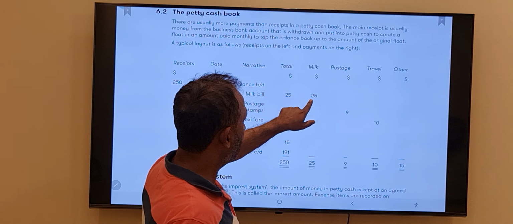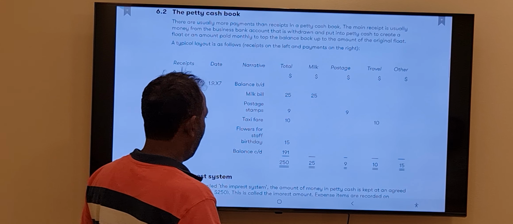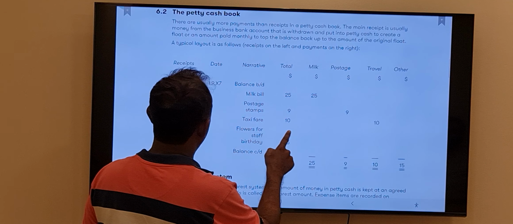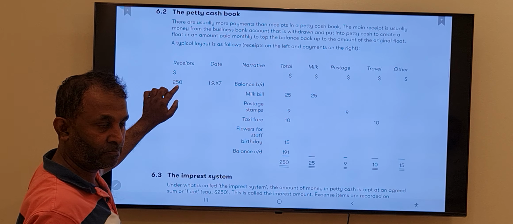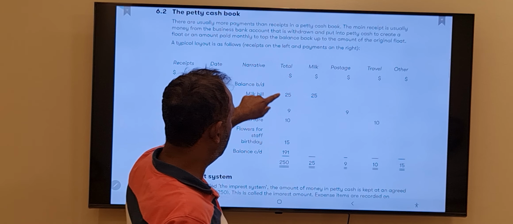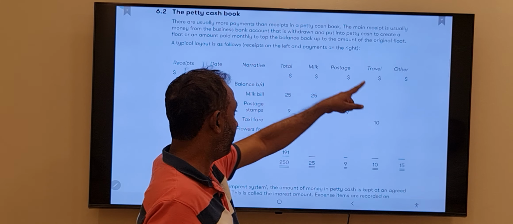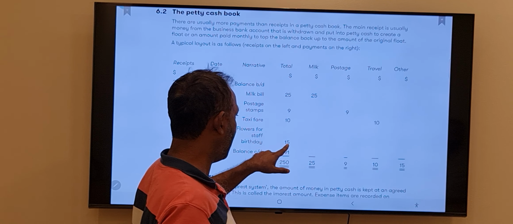You see, 25, 9, 10 and all that is there, and here, see, he received how much? 250. And he spent 25 for milk, 9 for postage, 10 for travel, and 15 for flowers and other birthday stuff.